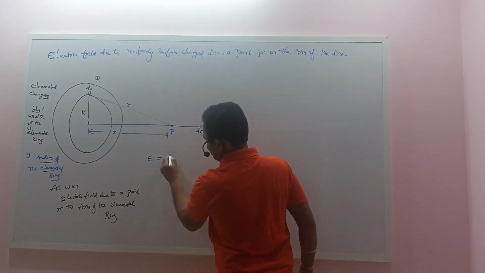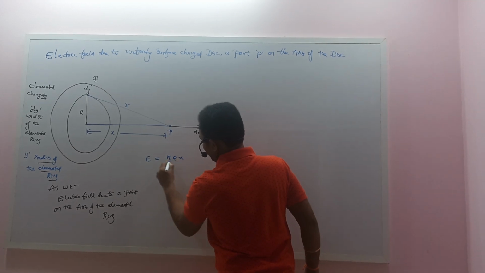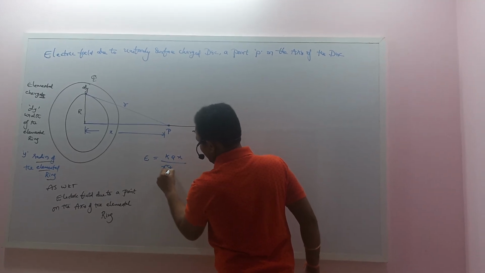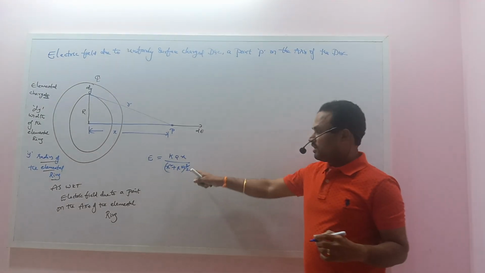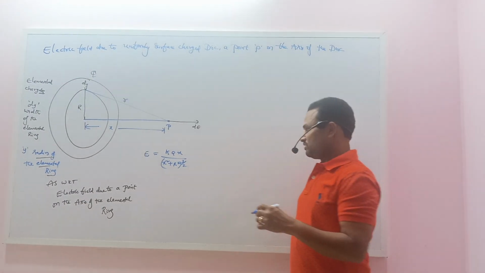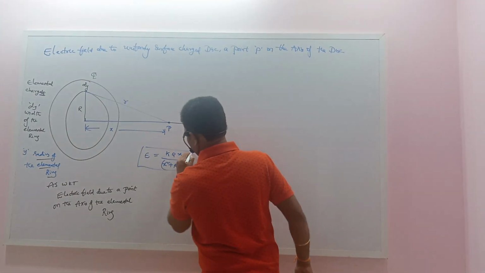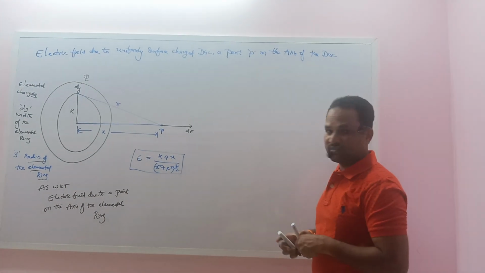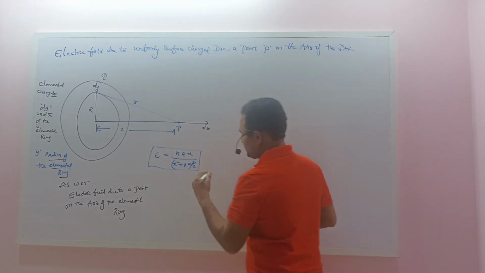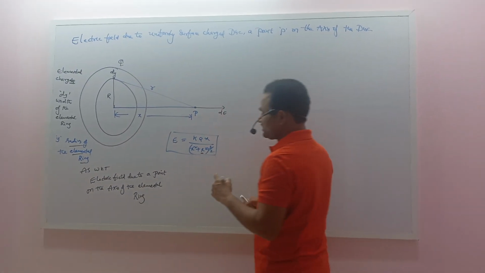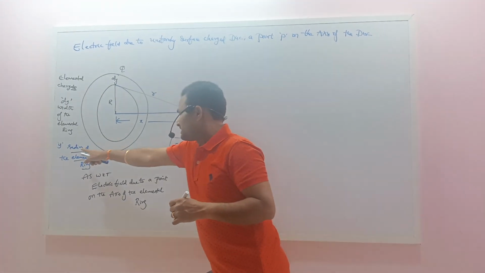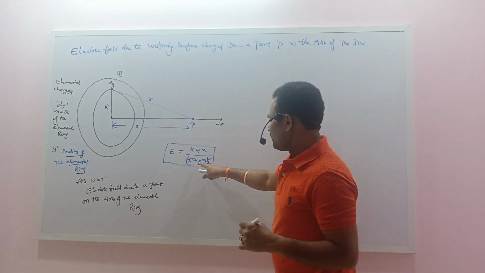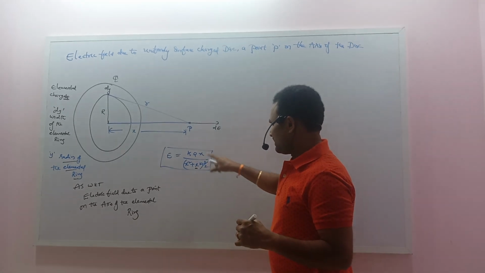E is equal to kqx by (x square plus r square) whole to the power of 3 by 2, as we discussed in the last video. But here r is the radius of the ring, and the elemental ring radius is y, so r is replaced by y.